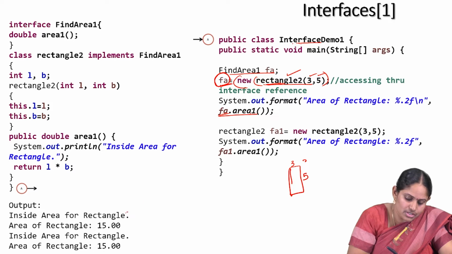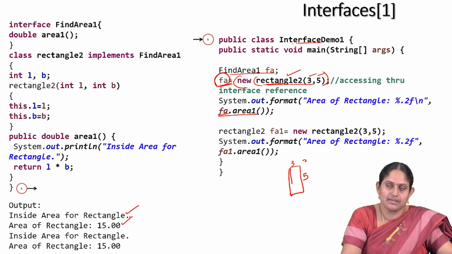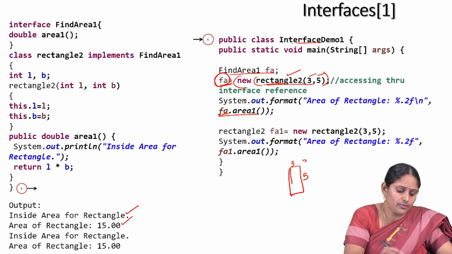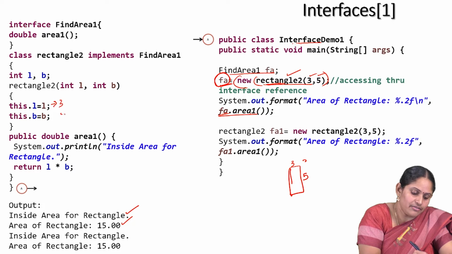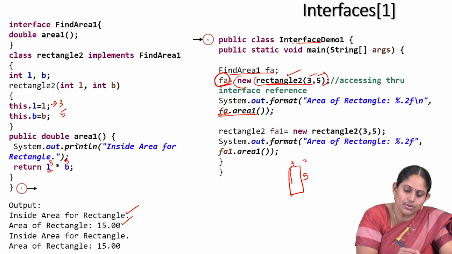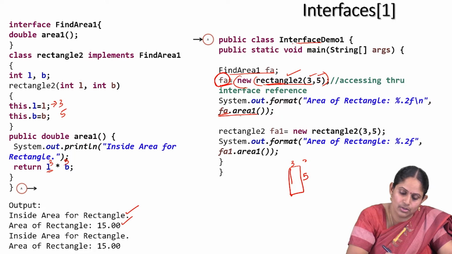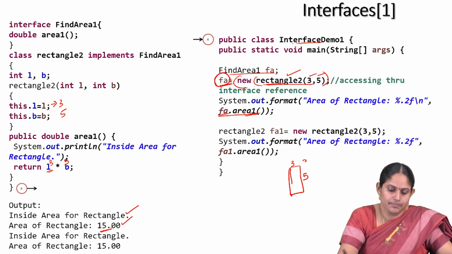Once this is invoked, you get these two statements in the output. It will pass 3 and 5 here. 3 and 5 will be set here, and that value will be retrieved. Its product will be computed and returned over here, so that value will be displayed as 15.